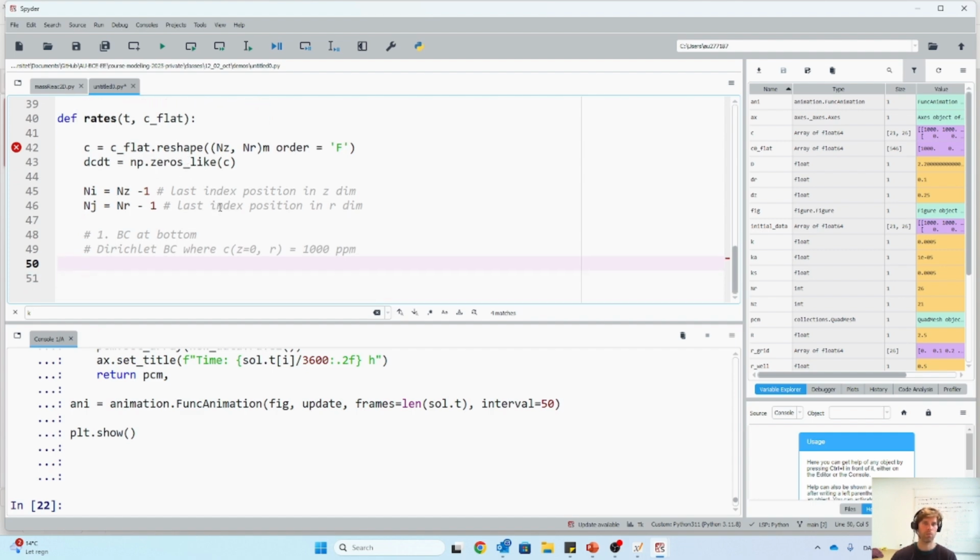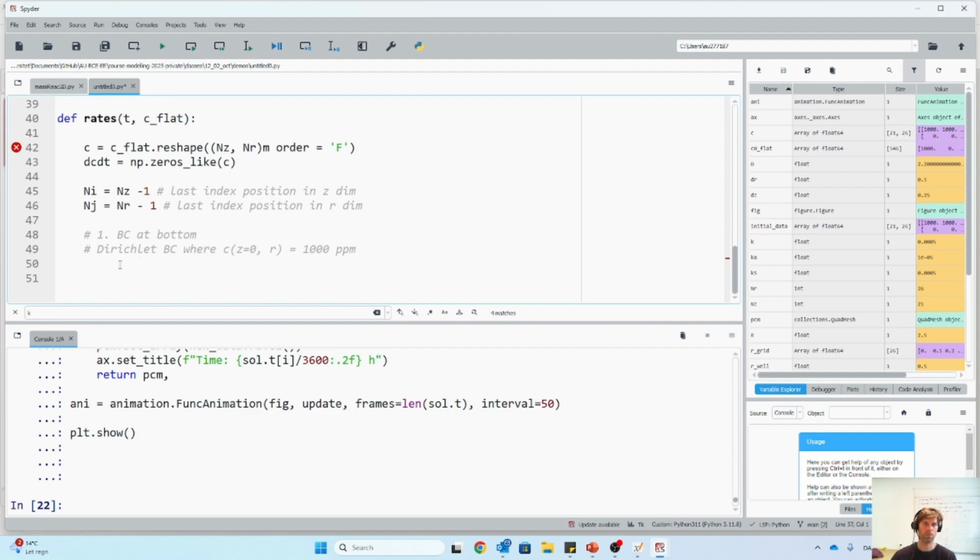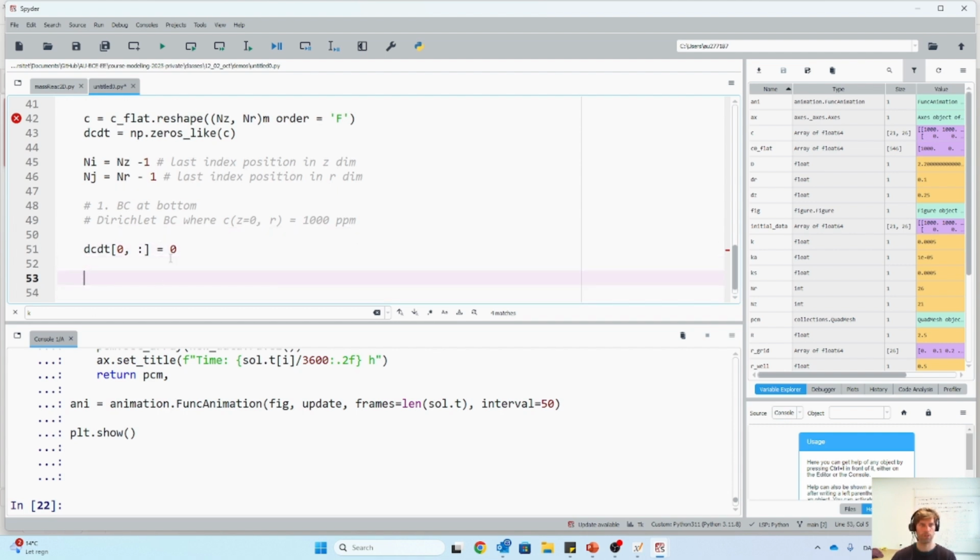So therefore, this is exactly what we have for the initial condition in that position. So we just set the derivative in this position to 0. So that would be at Z position 0, and for all R we set it to 0. So I'm just being explicit about this boundary condition here.